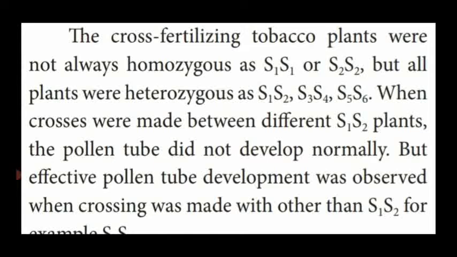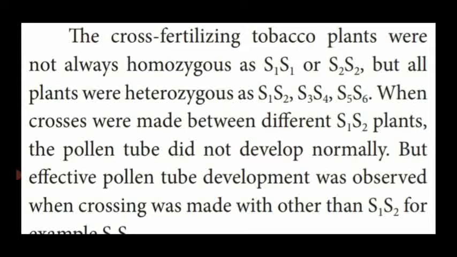That is, the homozygous condition of the allele does not show fertilization, but the heterozygous condition does. See the paragraph: the cross-fertilizing tobacco plants were not always homozygous as S1 S1 or S2 S2, but all plants were heterozygous as S1, S2, S3, S4, S5 and S6. When the cross was made between the different S1, S2 plants, the pollen tube did not develop normally.